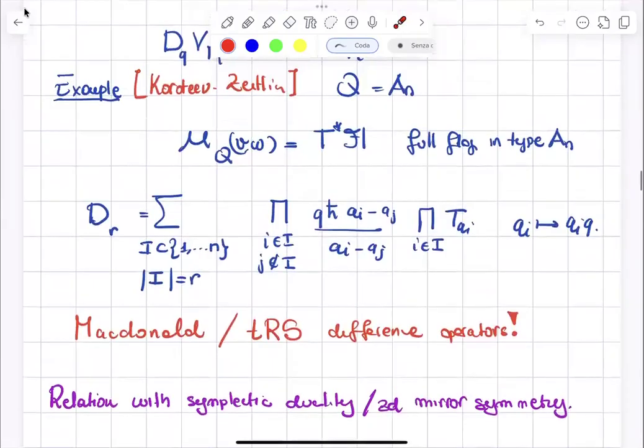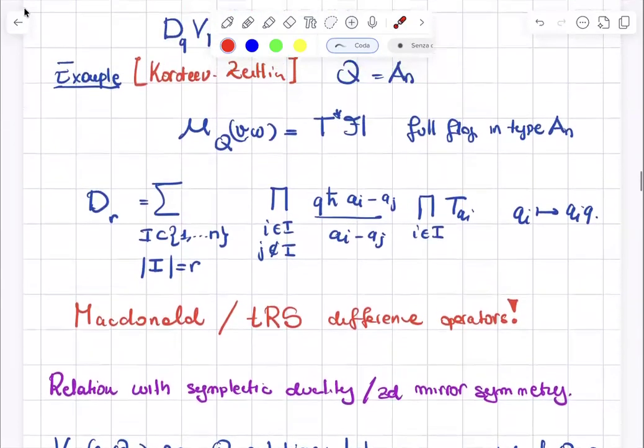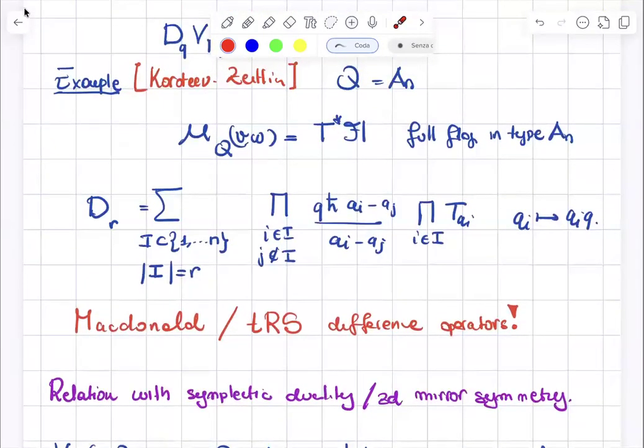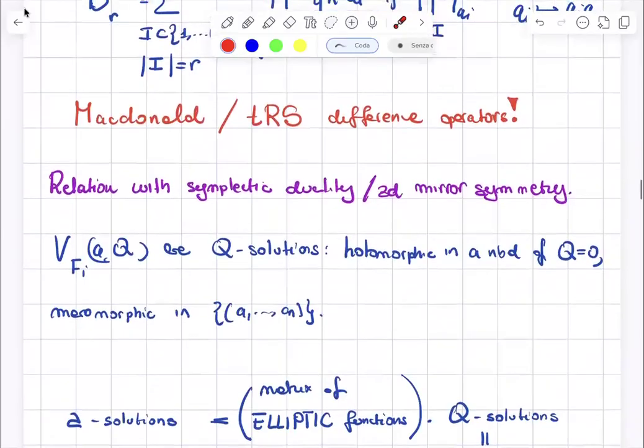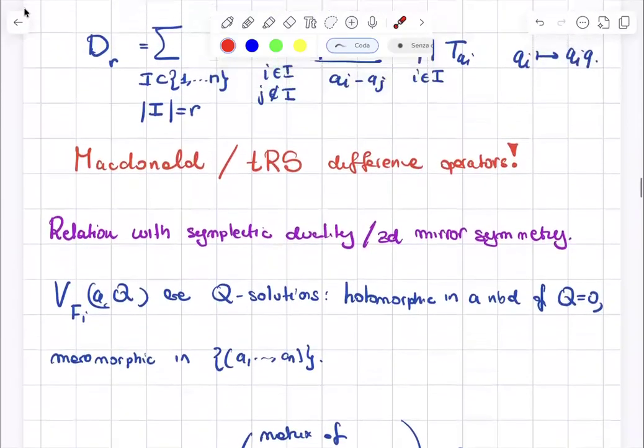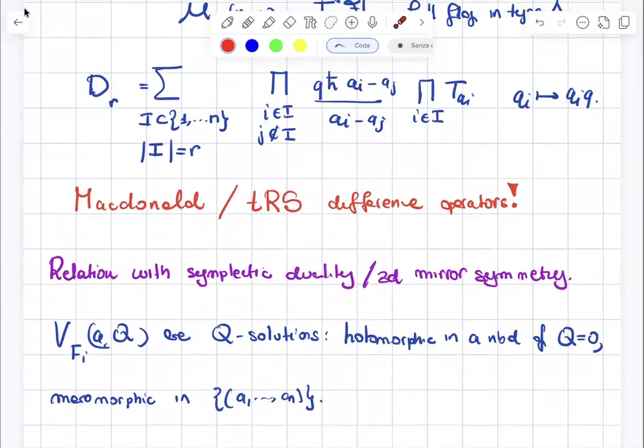The relation with mirror symmetry, or symplectic duality, so to speak, can be understood in terms of this difference equation problem. In general, from the very definition, one can notice that the vertex functions are not really symmetric in the two variables, in the sense that they will be holomorphic in a neighborhood of q equals 0 because they are really expansions in modes with respect to q.